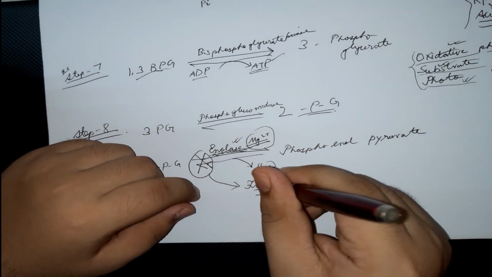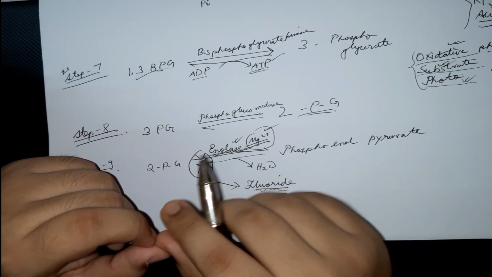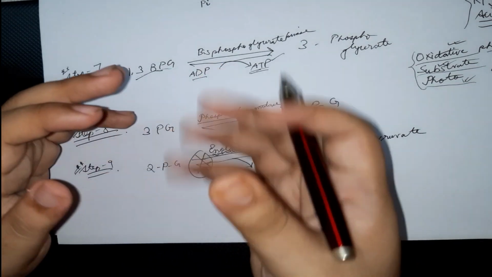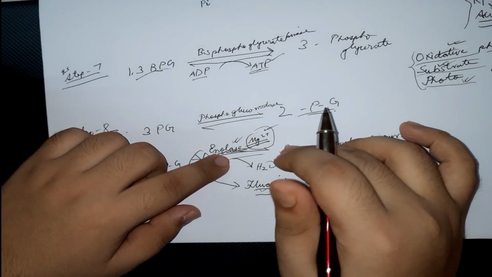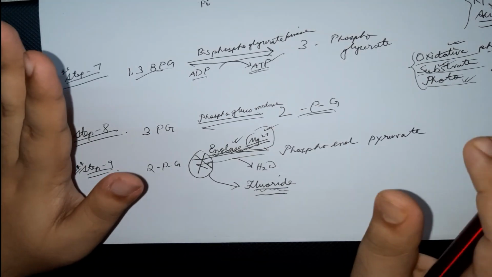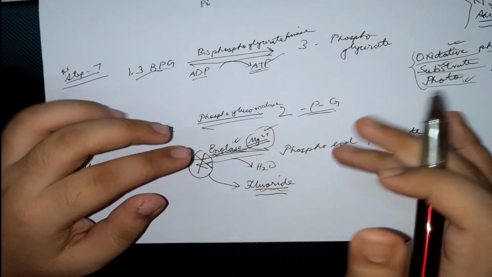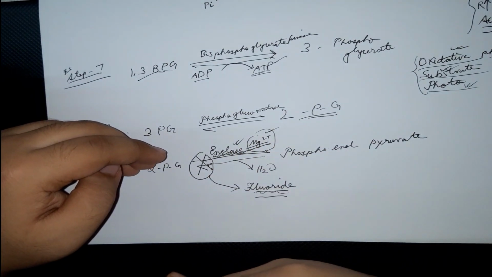So when you add that, it will automatically react with magnesium. It should. Ions, right? So it will kind of suck out the magnesium. So enolase without magnesium will be irreversibly inhibited, completely gone. So this step will not occur. Now if this step does not occur, glycolysis cannot complete.